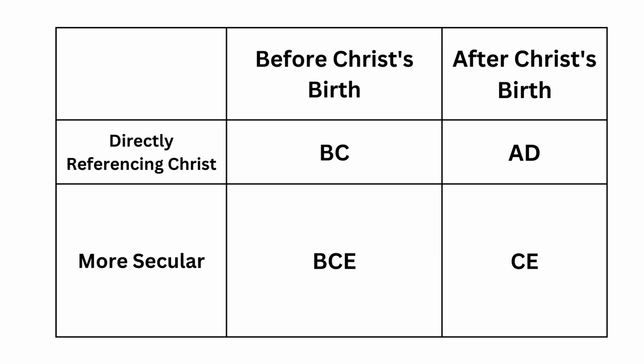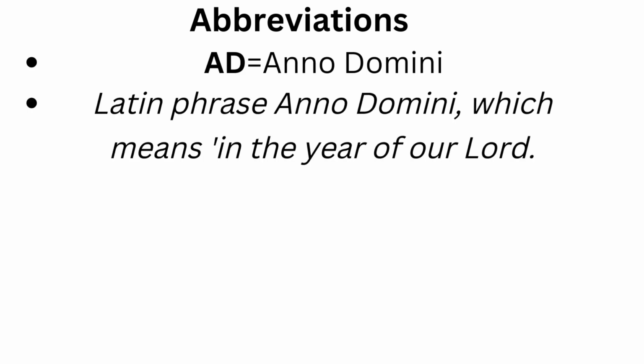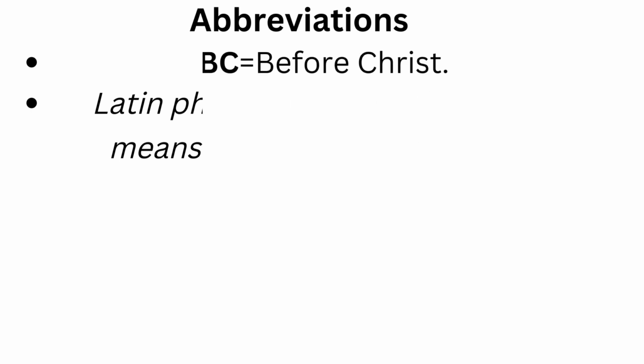Let us look at what these words stand for. AD stands for Anno Domini, which is a Latin phrase meaning in the year of our Lord. A year after the birth of Jesus Christ was AD. And BC is Before Christ.